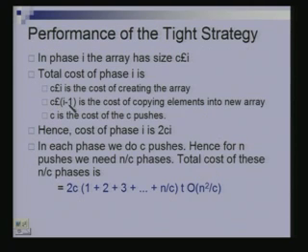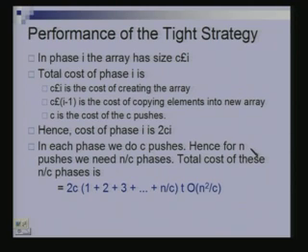So, I copy c into i minus 1 elements, which is the cost of copying the elements into the new array, and then I will do c more pushes in this phase, a total of c more pushes in this phase, before the array gets full. So, c is the total cost of the regular pushes that we would be doing. And so, the total cost is c into i plus c into i minus 1 plus c, which is 2 times ci. This is the cost of phase i. In each phase I am doing c pushes in all, right.